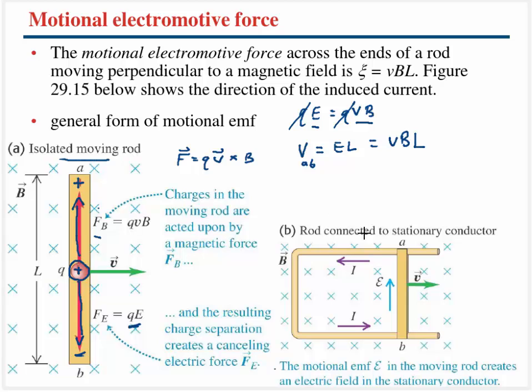Now this looks very similar to the induced EMF if we were to take this rod and connect it up with its components that we've already talked about in the previous couple of slides. That induced EMF is also related to the velocity, magnetic field, as well as the length. This is called motional EMF, and Lenz's law is going to give us the direction, which would be in the counterclockwise direction, opposing the change.